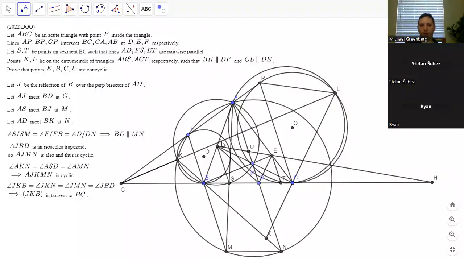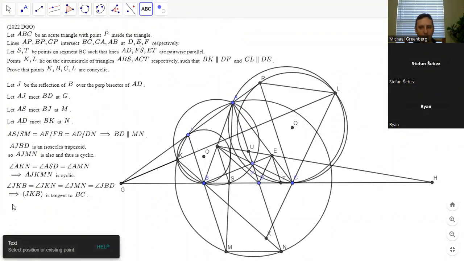So if we take FUEH, which is harmonic, and take the parallels to BC, then STDH is harmonic. Yeah, I see. And I think that solves it. So we solved the problem. Should I type it up or just move on to the next one? Let's type it up.